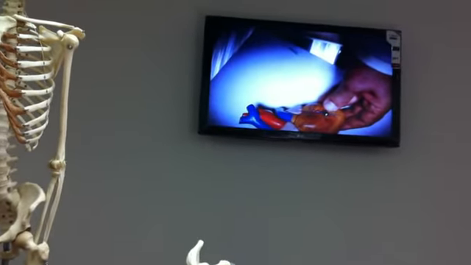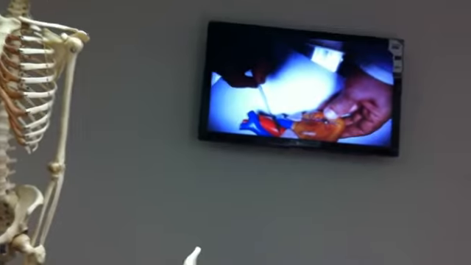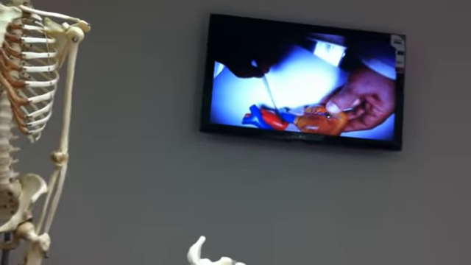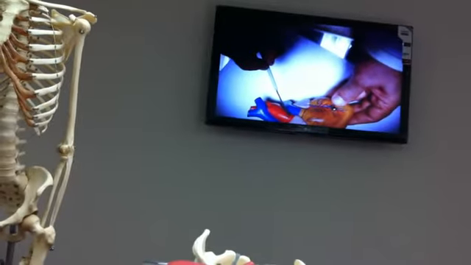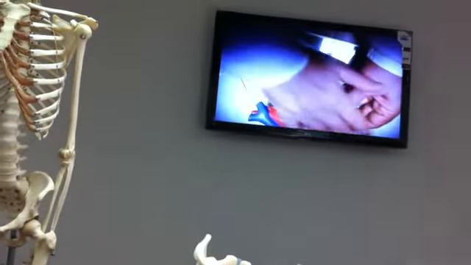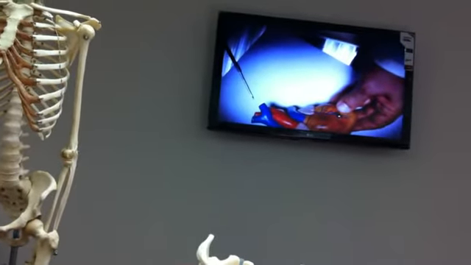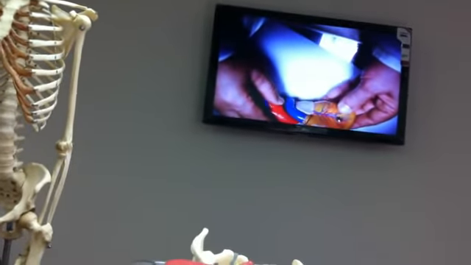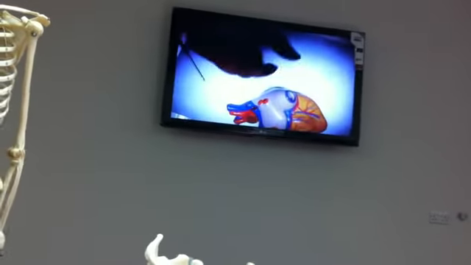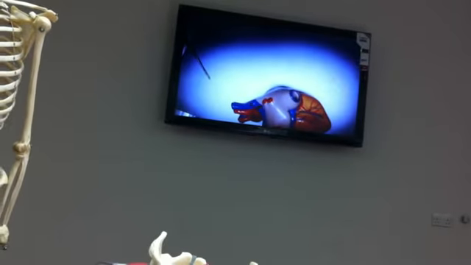Also, in the sternocostal surface of the heart, you see an artery called the ascending aorta. Okay? This is called the sternocostal surface. If I put the heart like that, what do you see?